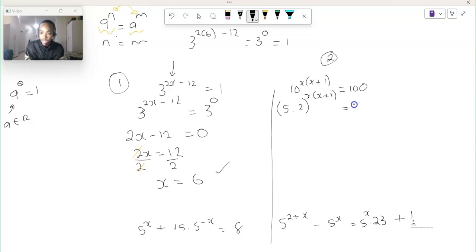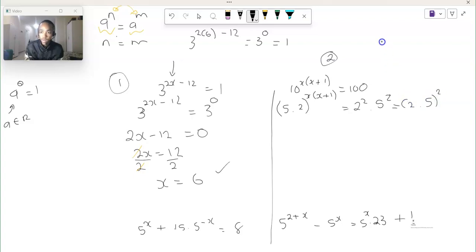Then if you change this one, you notice 4 times 25 is 100. So 4 is 2 squared, and 25 is 5 squared. Then we can simply put these two in one bracket, then square.